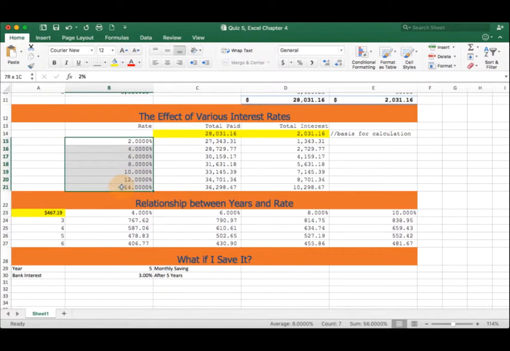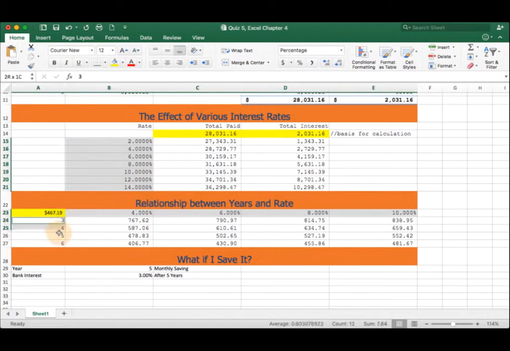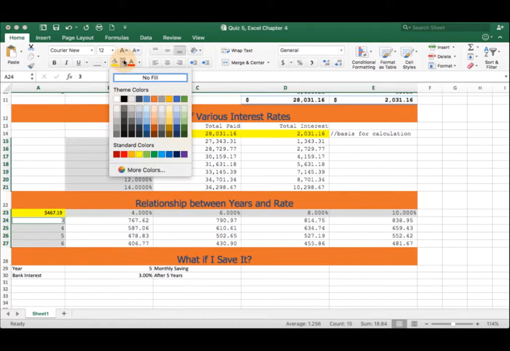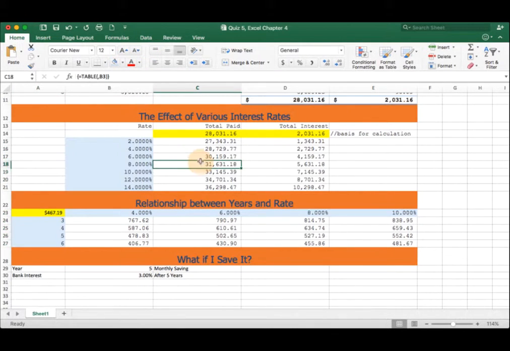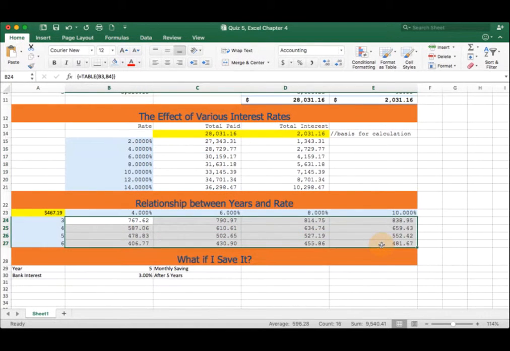And let me go ahead and highlight these two areas. So the blue area basically supplies different values each time as Excel tries to use the formula contained within the first cell to calculate these values. Okay, now good.